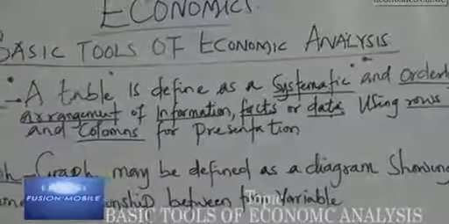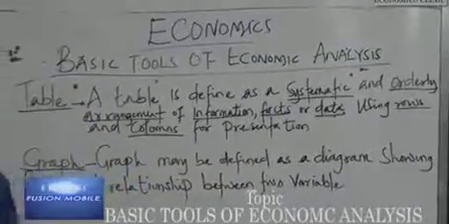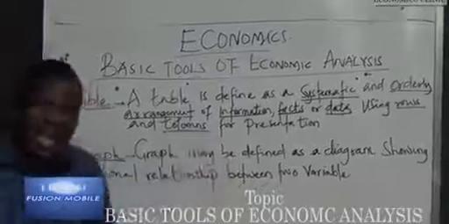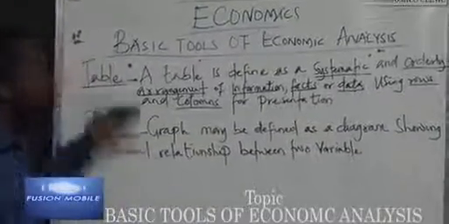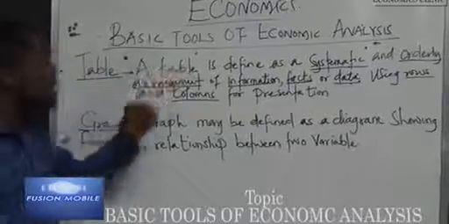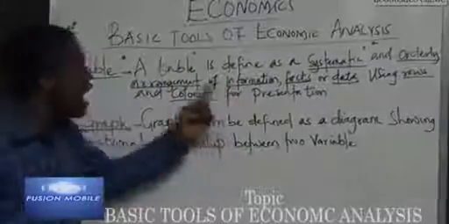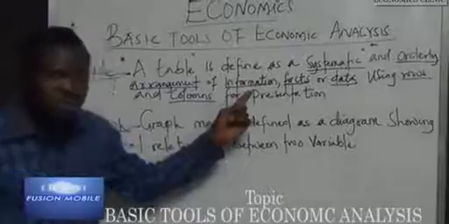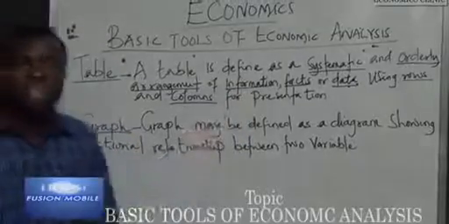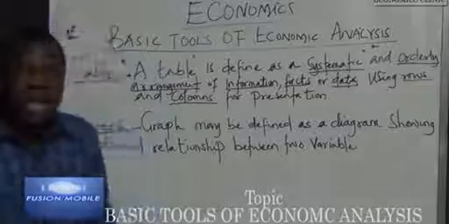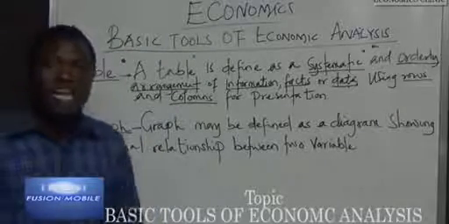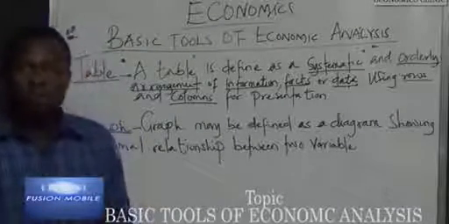The reason why this is done is for people to be able to understand what is written on the table. Now, how do you present a table? According to the definition, it is an arrangement of information, facts that we want to prepare in either lines and columns.